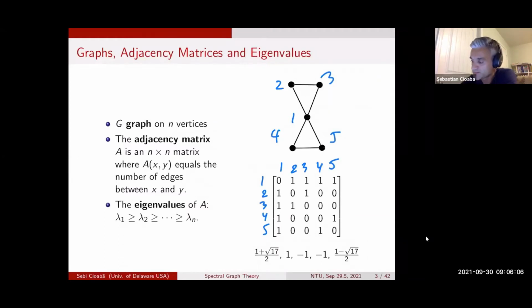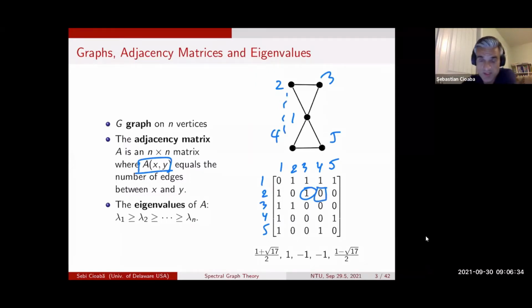And that's how you represent the rows and the columns with this labeling of the vertices, and then in the entries of the matrix, in the position xy, you write down the number of edges between x and y. So 2 and 3 are adjacent, so that corresponds to this entry of 1. But 2 and 4 here, they're not adjacent, so that corresponds with this entry of 0.